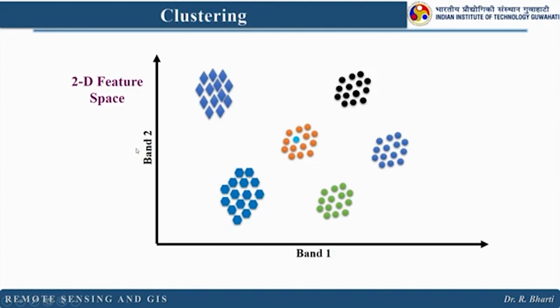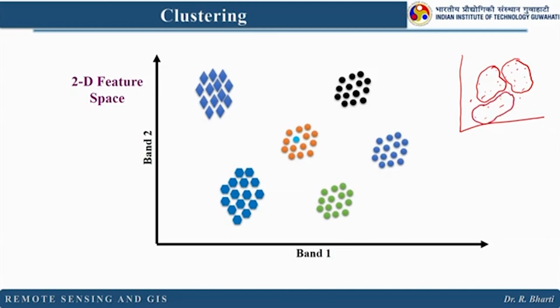So this is the ideal case, but let us assume you have DN values plotted in 2 dimensions, and as I told you before also, your system or the method will have to identify the unknown patterns here, right.